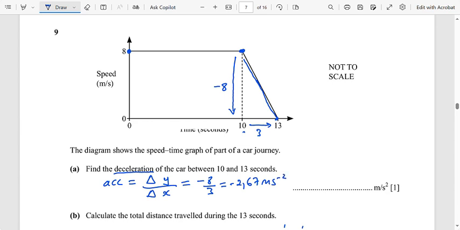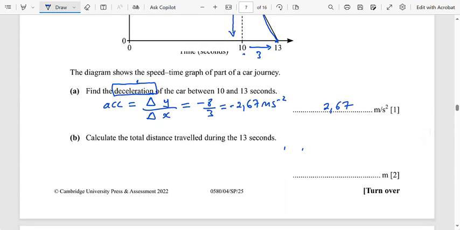Now, that's the acceleration, but the question asks for deceleration. If it was acceleration and the answer is negative, put it as negative. But if it's deceleration, the negative aspect of the answer is included in the name. So we'll just put 2.67 meters per square second, or 8 over 3 meters per square second.